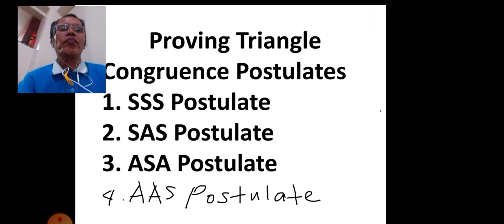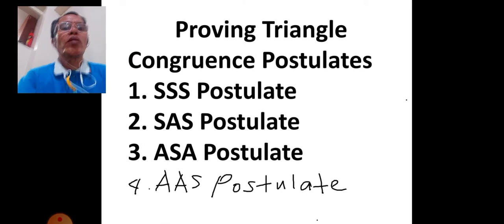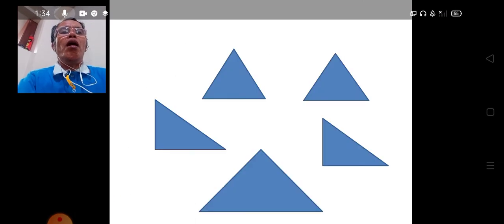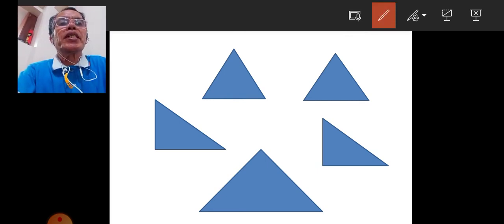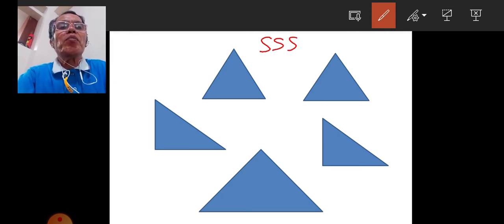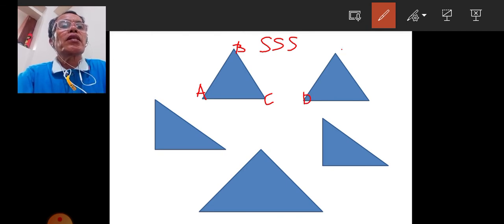So we are going to use the side-side-side postulate. If I name this triangle ABC, and this triangle DEF: if segment AB corresponds to segment DE, therefore AB is congruent to DE.